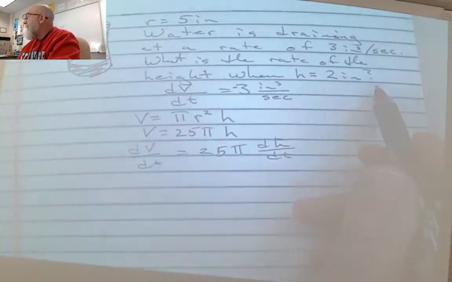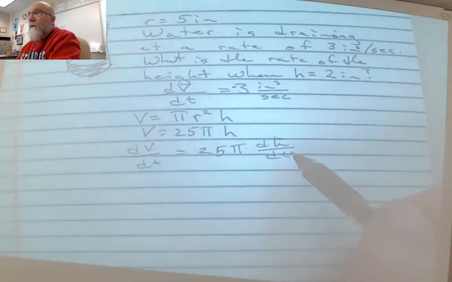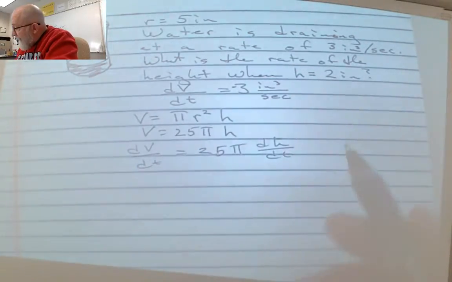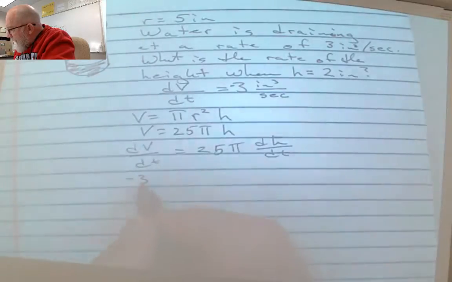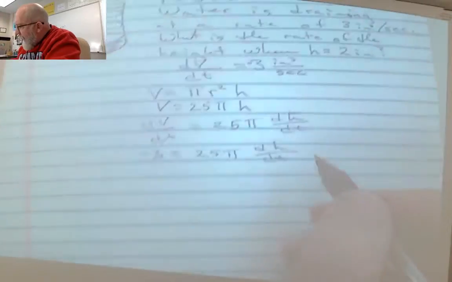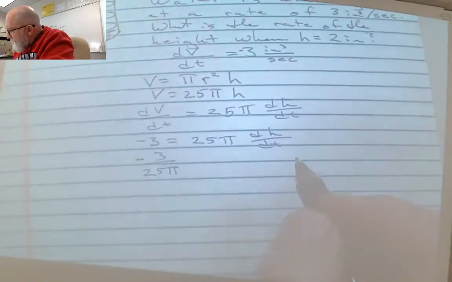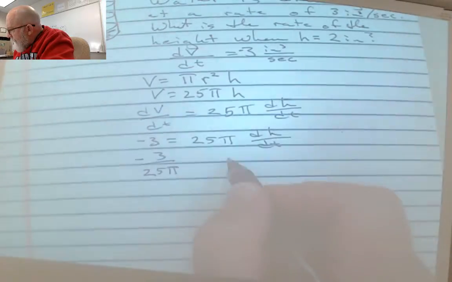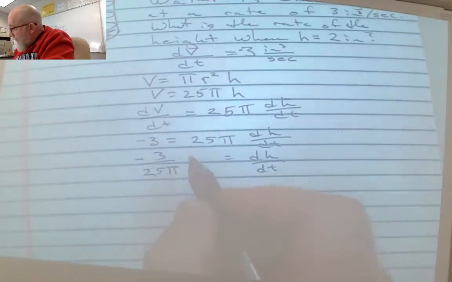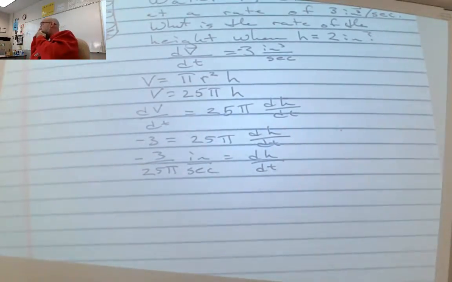It doesn't matter if it's 2 inches. At any particular time, it's going to be decreasing at a constant rate. Does everybody see that? So this is going to be negative 3 equals 25 pi dh/dt. So your answer is negative 3 over 25 pi equals dh/dt. And my units are what? Inches per second.